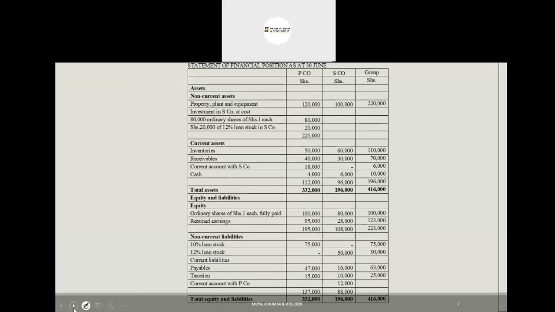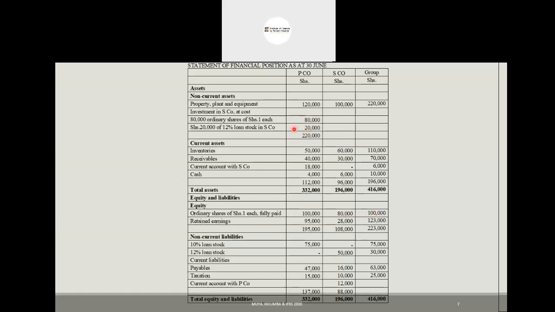And thereafter, we add up the uncancelled items. These two will add up. This cancelled out with this figure here, and therefore it will be 1,000.